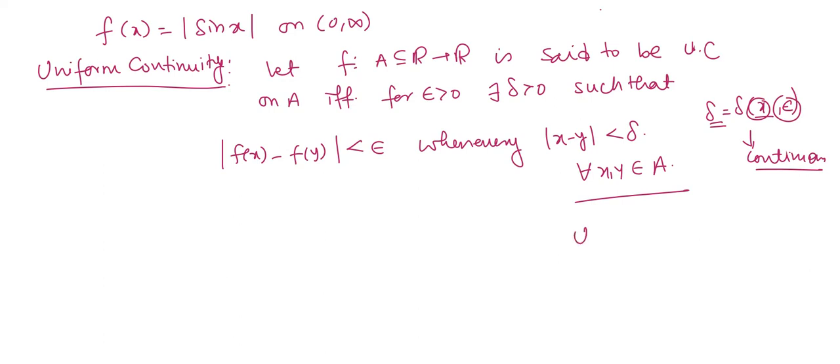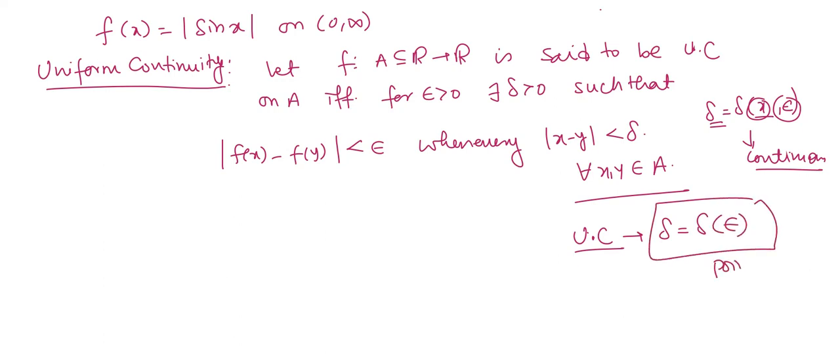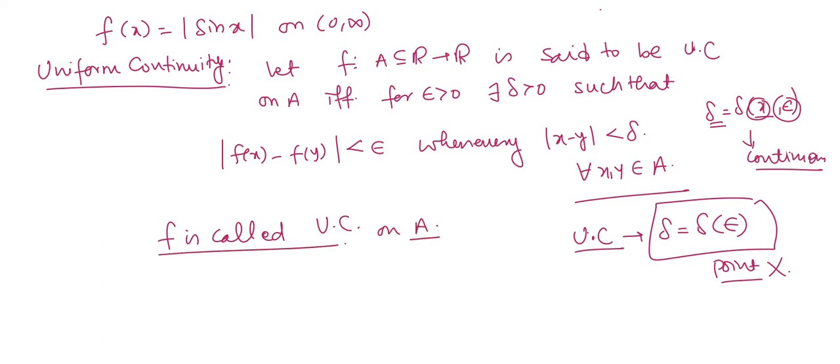But in uniform continuity, delta depends only on epsilon. It is independent of the points. Then the function f is called uniformly continuous on a domain A, where the function is defined.